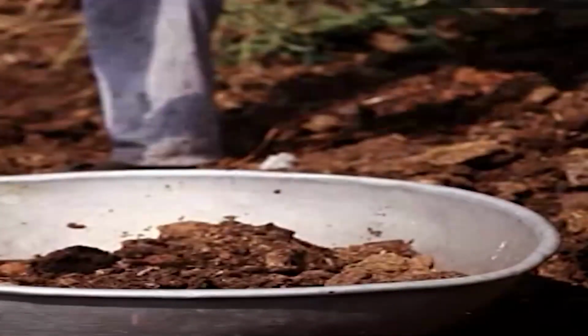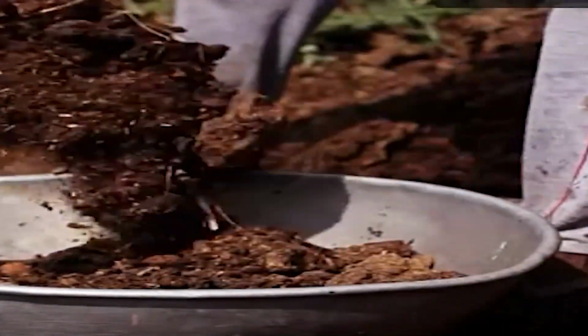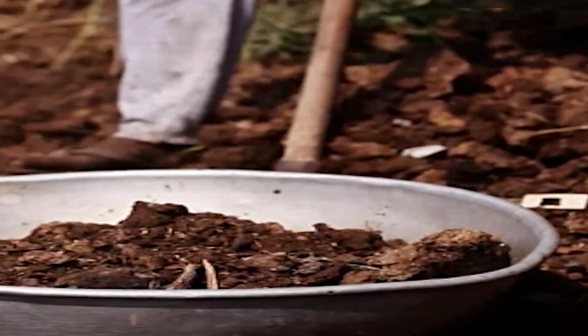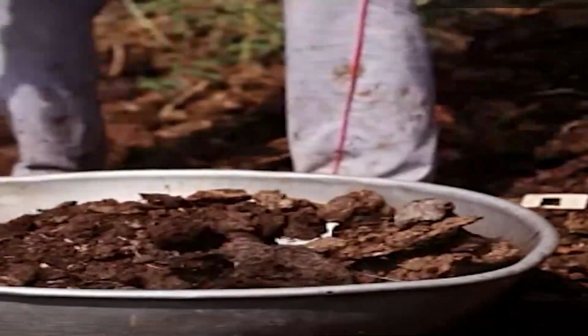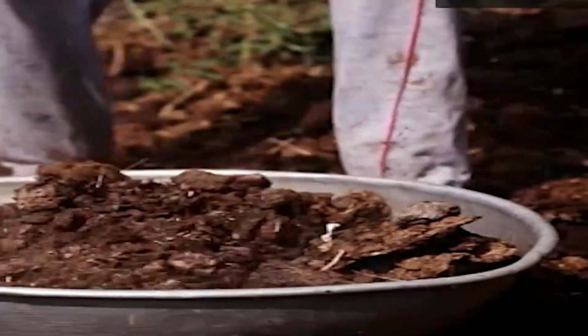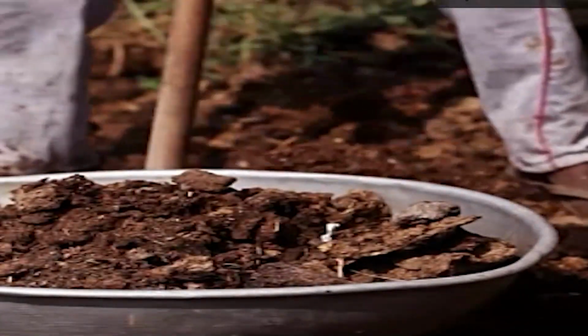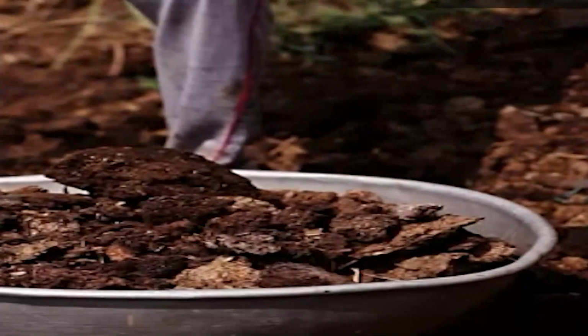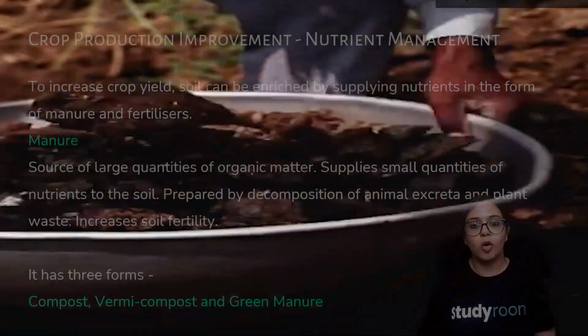Those inorganic substances are directly present in the fertilizers, whereas in manure, which is the organic component that we'll be learning, the nutrients are present through the dead remains of plants and animals. So manure is the source of large quantities of organic matter.